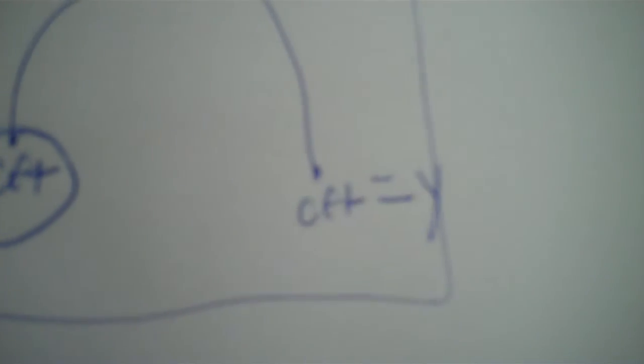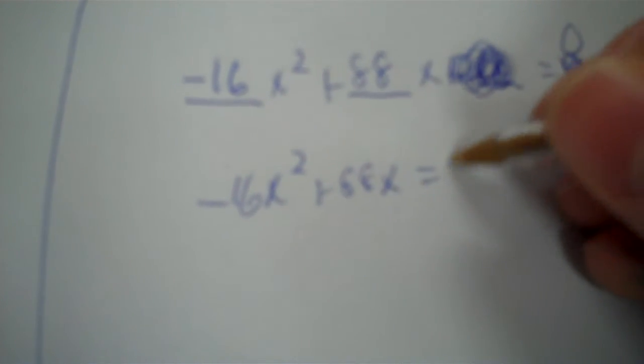So negative 16. Then the 88 occupies the x space. And then we have 0 here. That occupies your constant space, but since it's 0, it's nothing. Now 0 feet equals y, so this goes in for y. So we have negative 16x to the second power plus 88x equals 0.